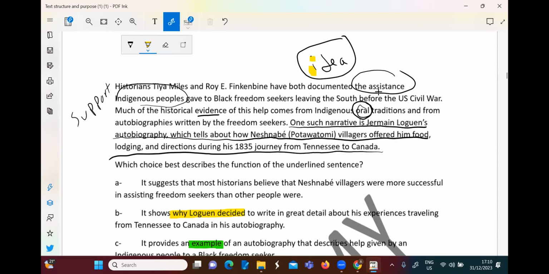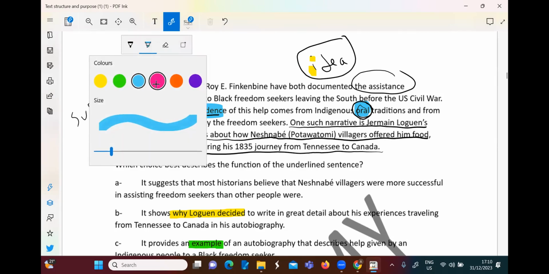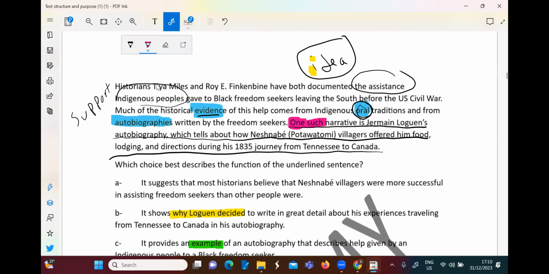So we have the evidence: oral traditions and autobiography. Did he specify which oral traditions or which autobiographies? No. Then he said, one such narrative. This is an example of what? The autobiography.